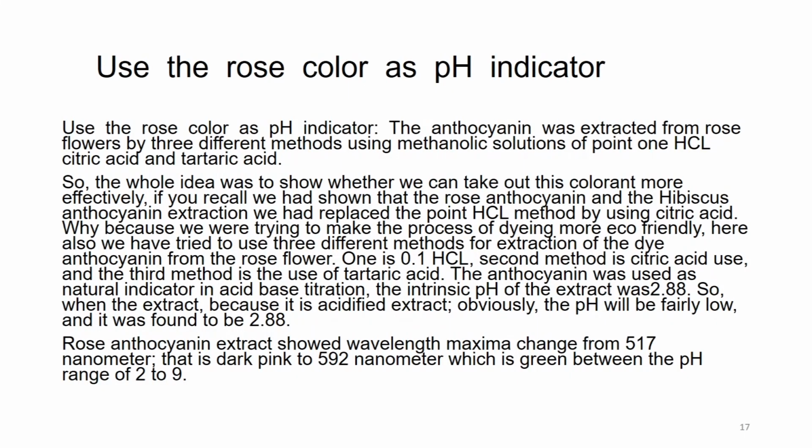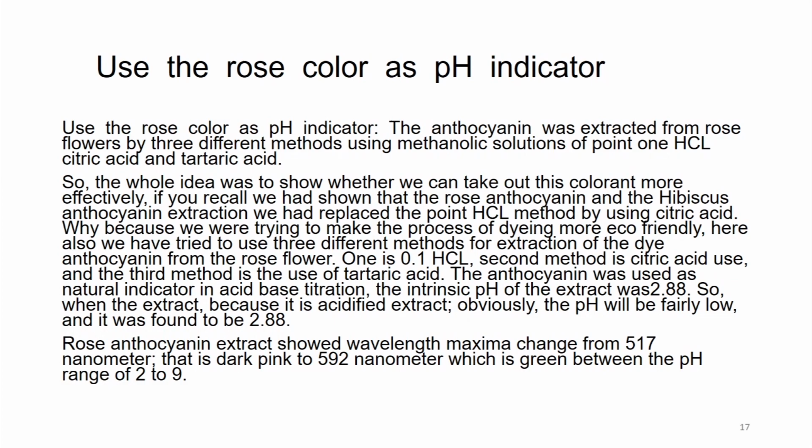Why? Because we were trying to make the process of dyeing more eco-friendly. Here also we have tried to use 3 different methods for extraction of the dye from rose flower. So, everywhere we are trying to avoid using HCl because it is a strong corrosive acid.